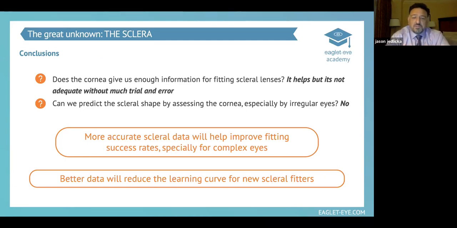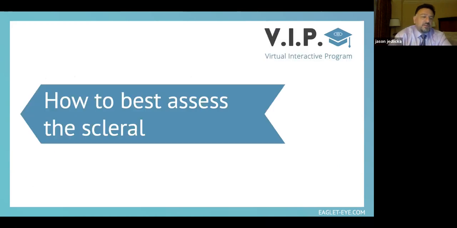Can we predict the scleral shape by assessing the cornea, especially in our irregular cornea patients? I think the answer is certainly no. So again, can we use scleral shape data to improve fitting success rates, especially for complex eyes? We certainly can. And better data will definitely reduce the fitting curve.